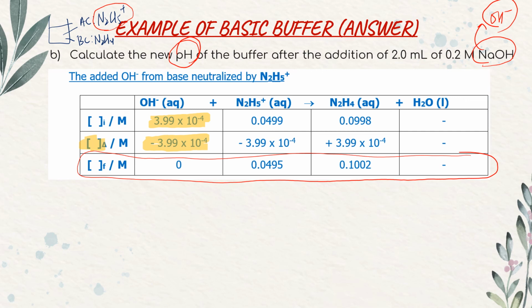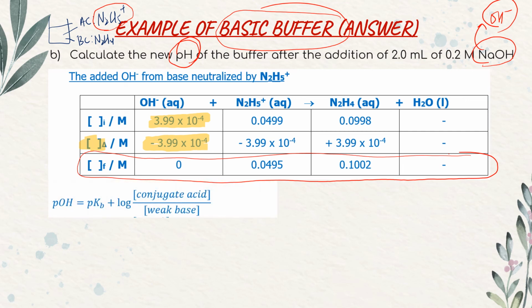Since we are still in a basic buffer system, the Henderson-Hasselbalch equation that we're going to use is still pOH equals pKb plus log conjugate acid over weak base. A small reminder: here we added sodium hydroxide, but if I added acid, H3O plus, the equation for a base buffer will not change.